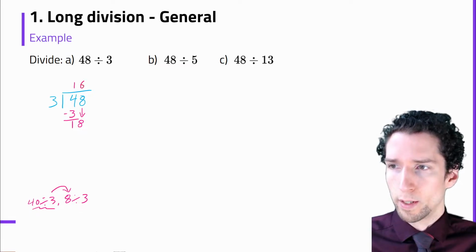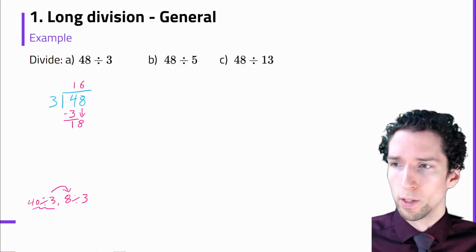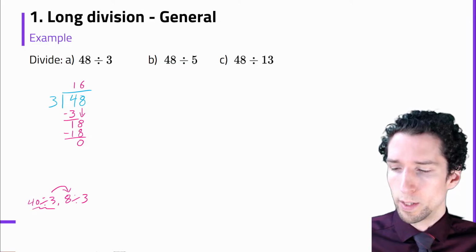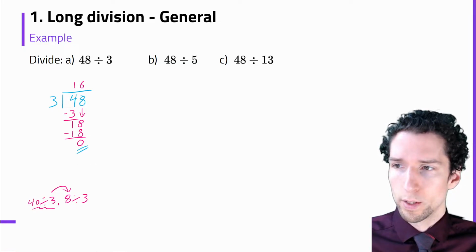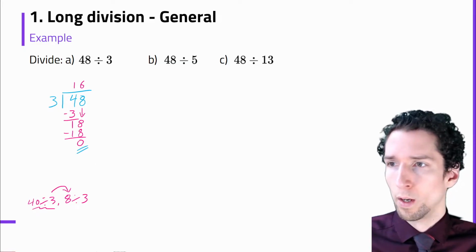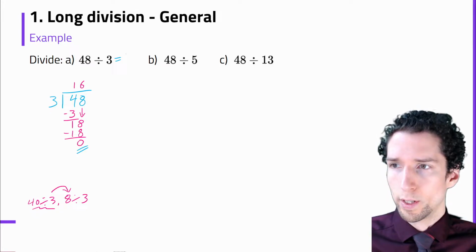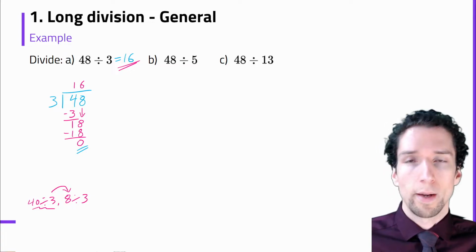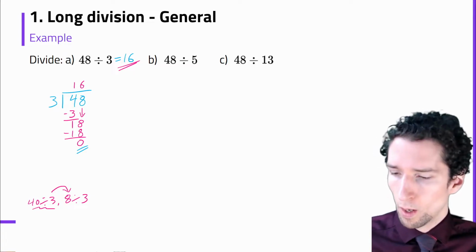It turns out that is 6 times. So 3 times 6 is 18, which goes in very cleanly. The result is 0, there's nothing left over. So we're done. Our result here is just 16. That one divided in cleanly.